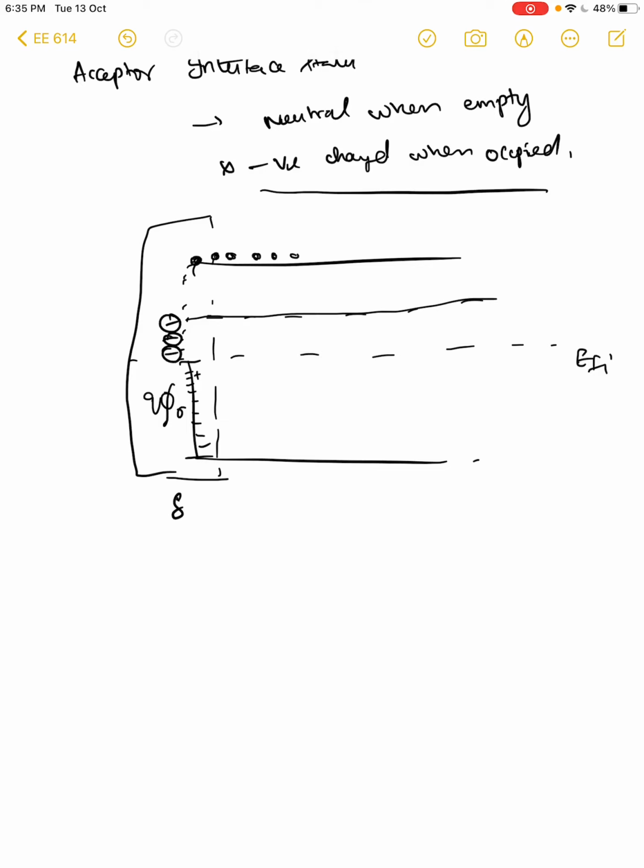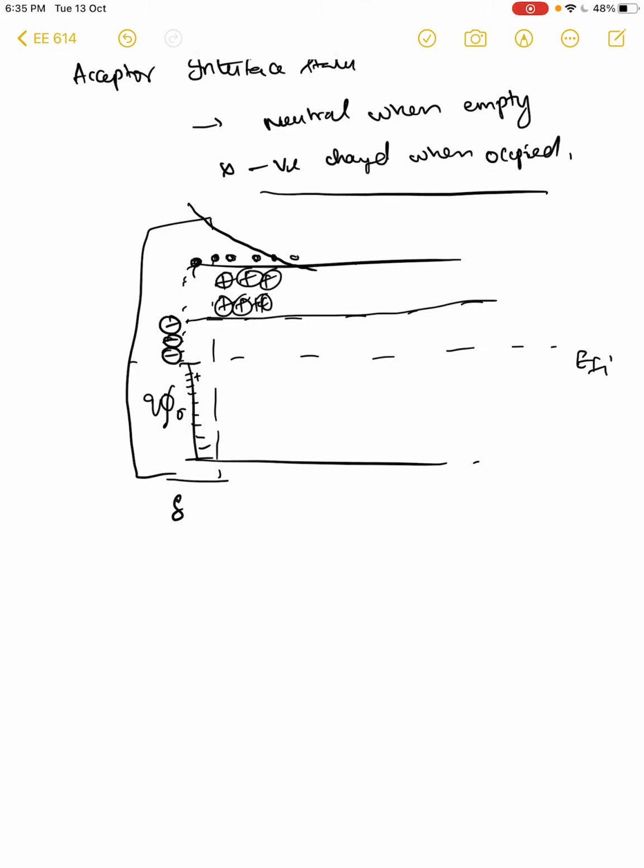Now these defects start to accept electrons from the conduction band, thereby depleting it. You will form donor atoms here, like a sort of depletion, and the bands will start to bend. So you will have the conduction band which bends like this, because your defect levels are starting to get charged.